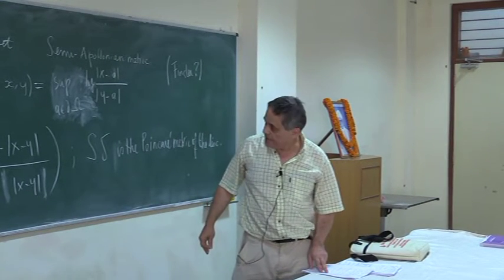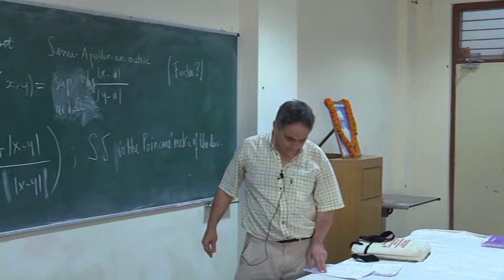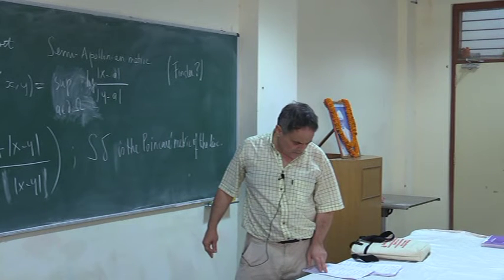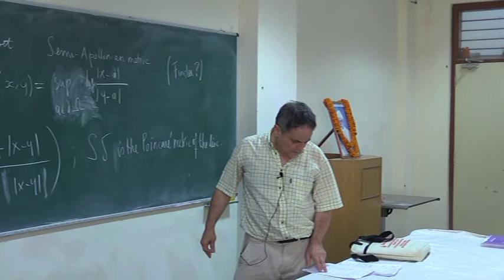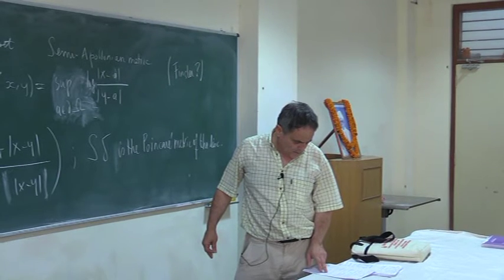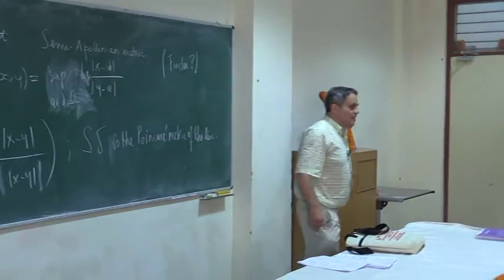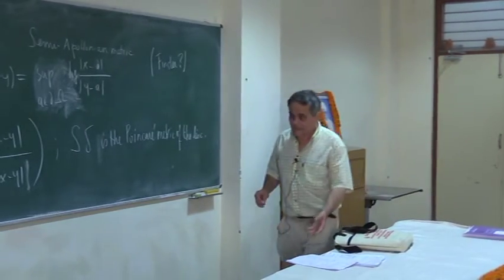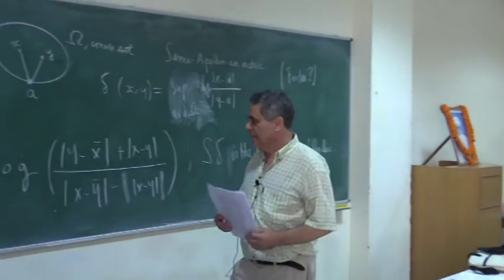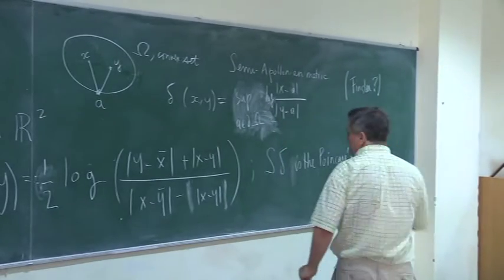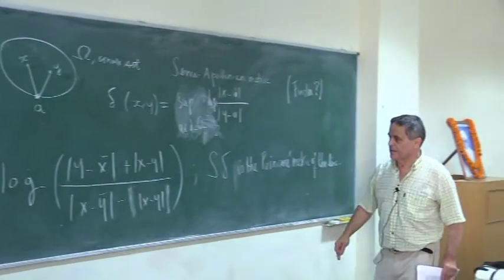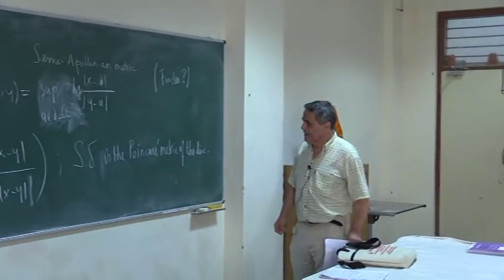Sorry, did I make a mistake here? Plus x. Yeah, I'm not so good in formulas. Okay, I can correct this later, but so this S delta is the Poincaré metric of the disk.